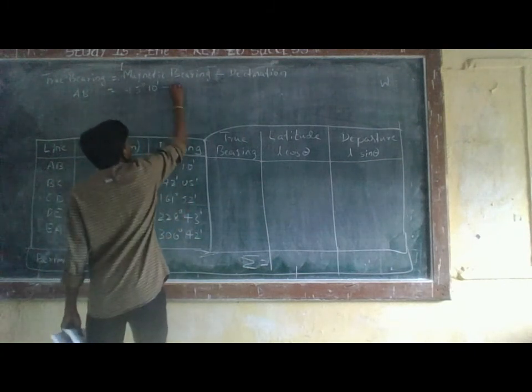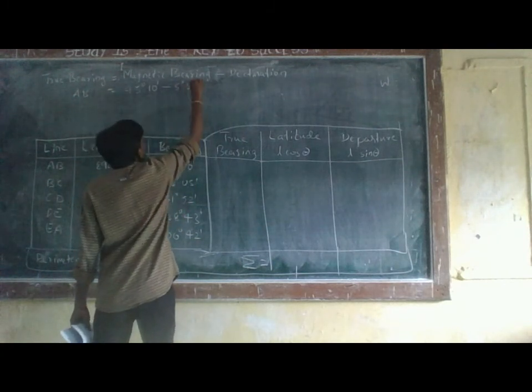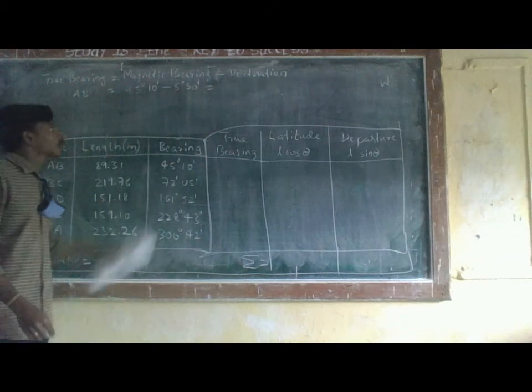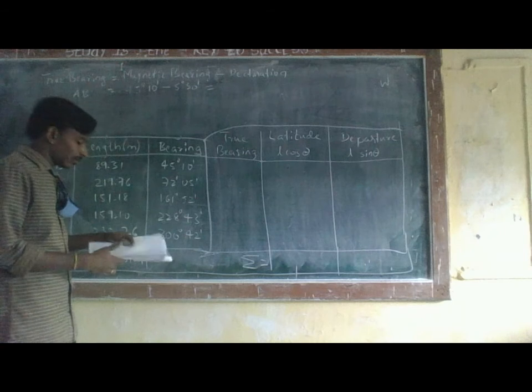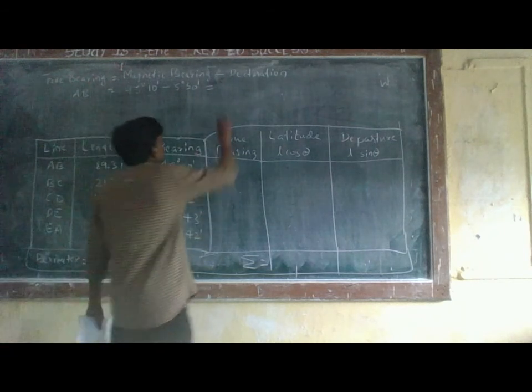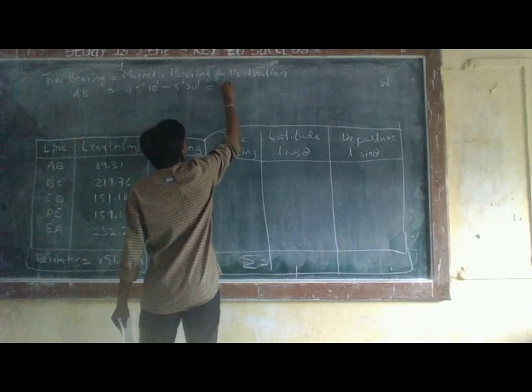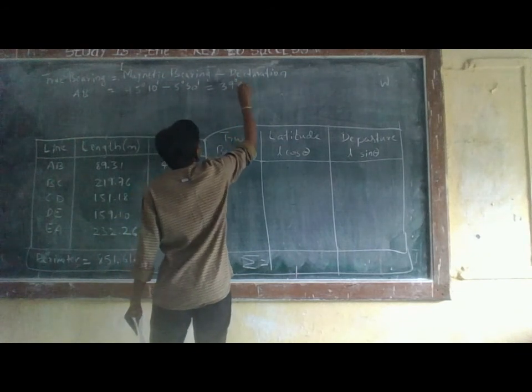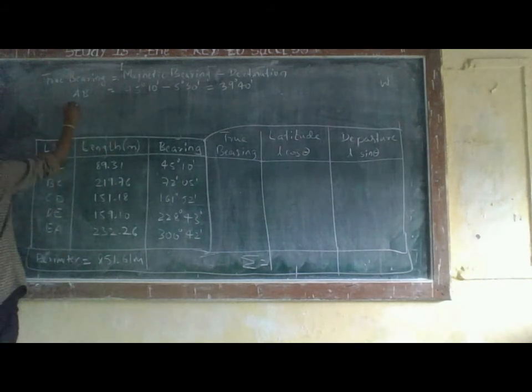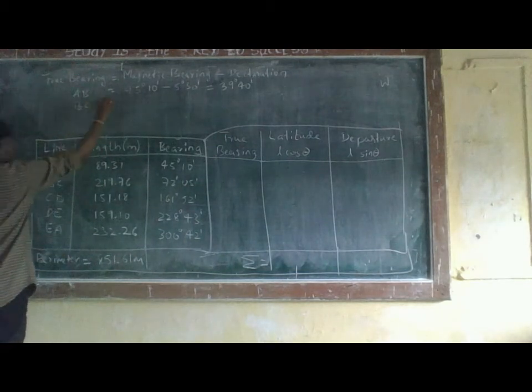So minus 5 degrees 30 minutes. After calculation we will get the value of 39 degrees 40 minutes.